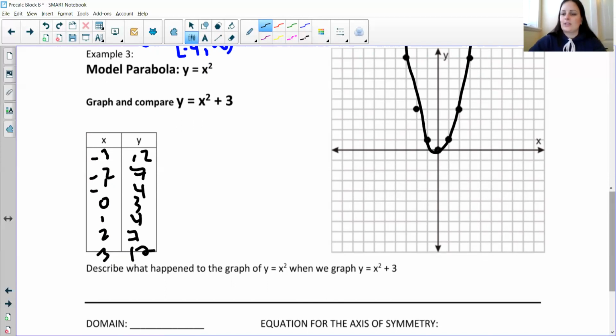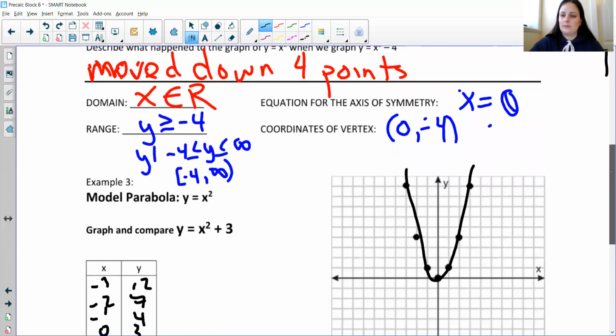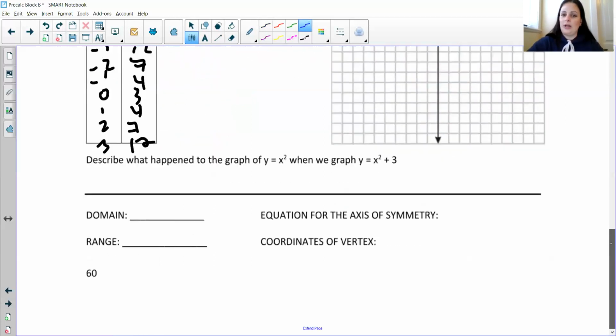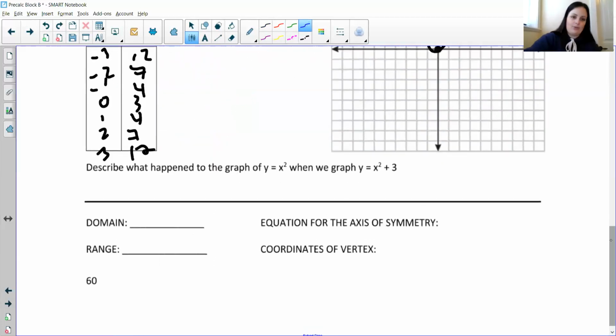Right? If you sketch that one, do mine in blue. You're going to get a parabola that looks like this. So what you hopefully got out of it is that it moved up 3 points.